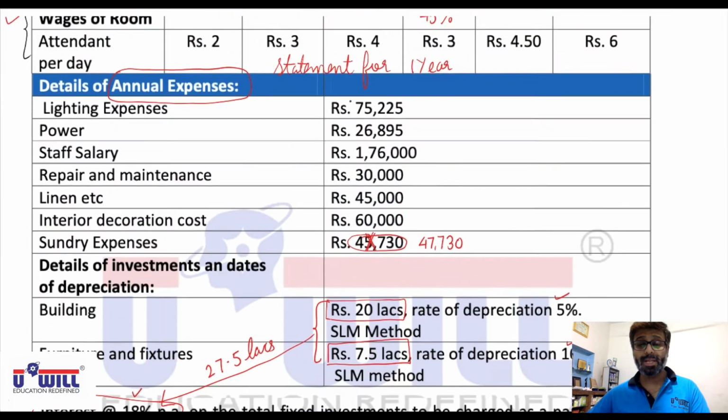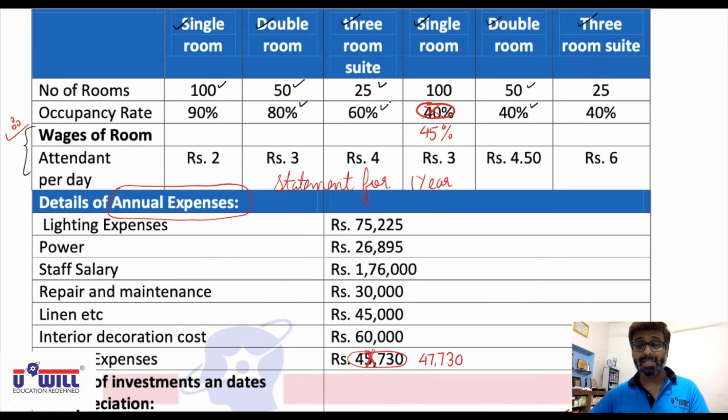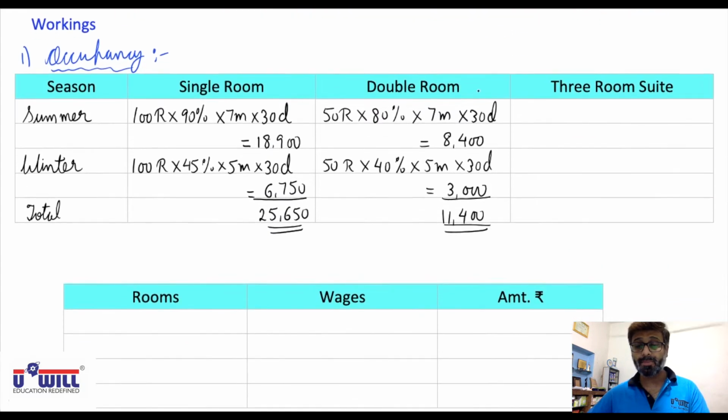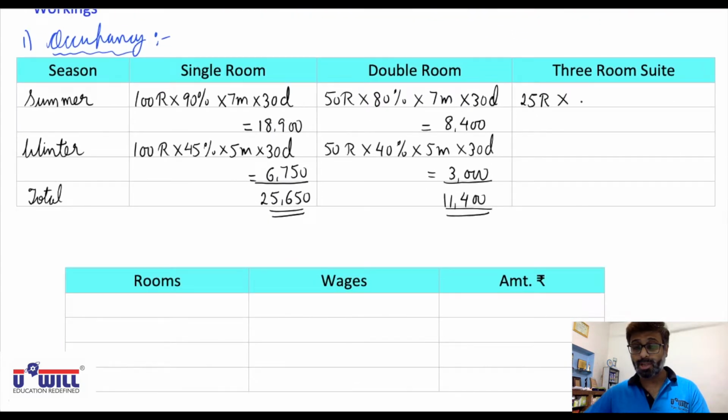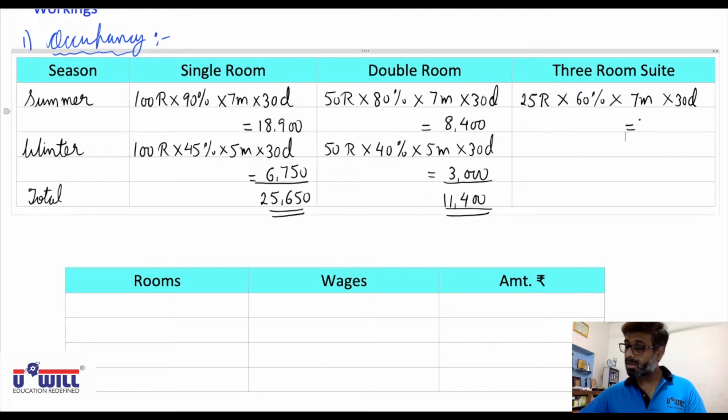And 3-room suite: 25 rooms and 60% occupancy in summer. 25 rooms into 60%, that is 15 rooms, into 7 months into 30 days, 105 into 30, that is 3,150.